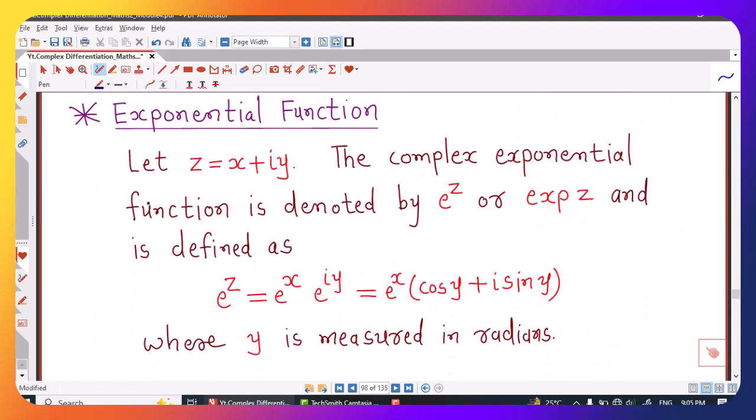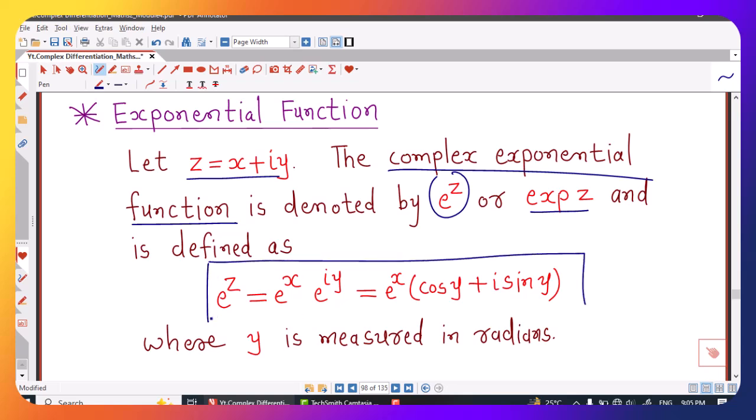They can ask you to write down the definition of the complex exponential function or simply the exponential function. Let z be x plus iy. The complex exponential function of this variable z is denoted by e raised to z or exp z, and is defined as e raised to z equal to e raised to x times (cos y plus i sin y), and here y is an angle and it is measured in radians.